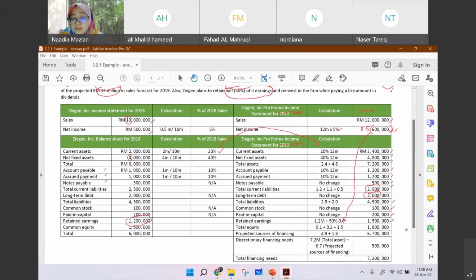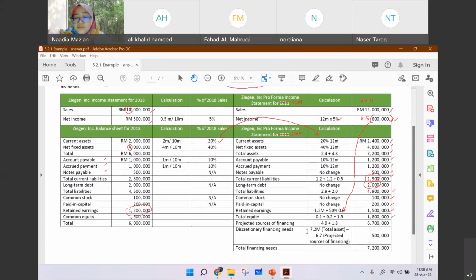Now, to calculate the projected sources of financing, this is just your total liabilities plus equities before you add any discretionary financing need. So total liabilities, which are 4.9, plus 1.8. That is your projected source of financing, 6.7.